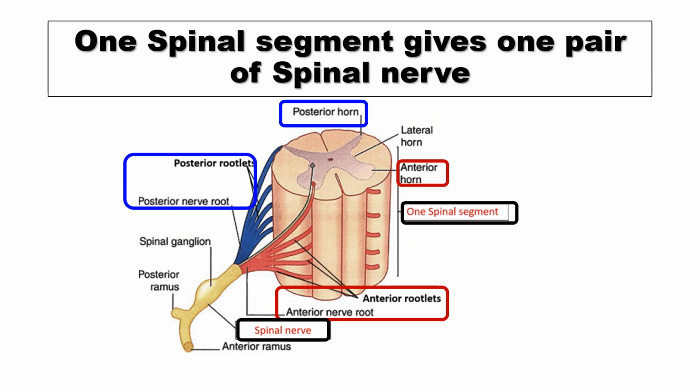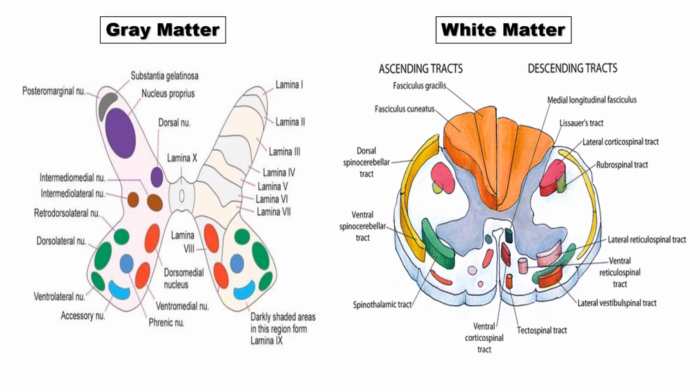Each spinal nerve further divides into an anterior ramus or ventral ramus, and a posterior ramus or dorsal ramus, which are mixed nerves. Coming to the gray matter and white matter of the spinal cord. Gray matter has the anterior gray column or ventral gray column, which consists of a number of important nuclei.